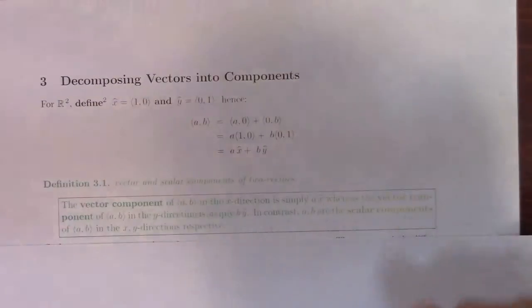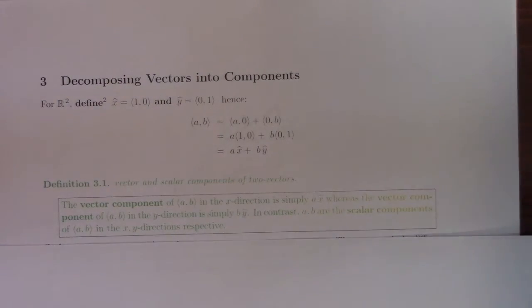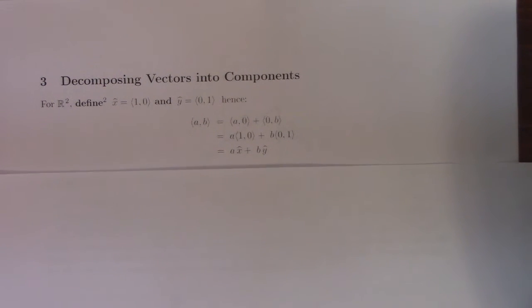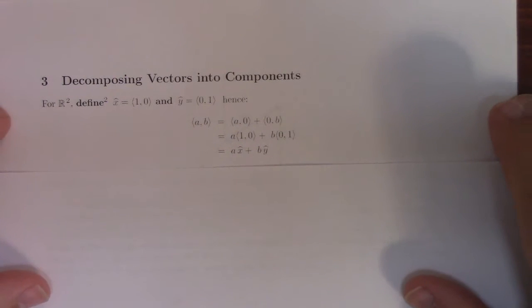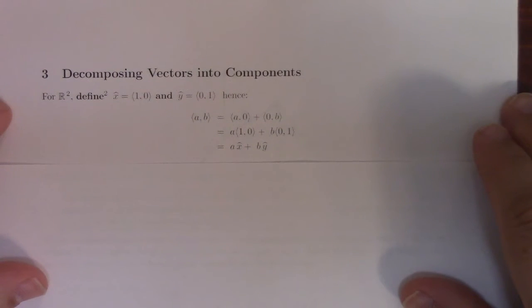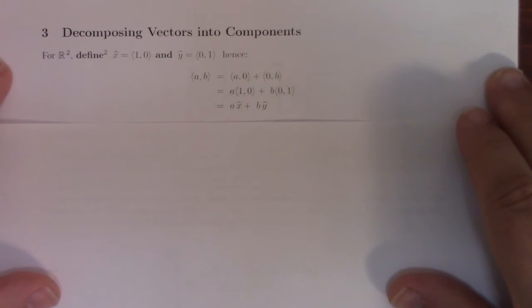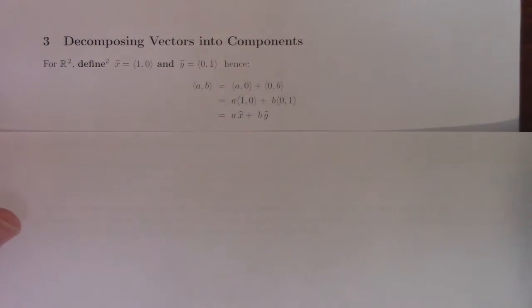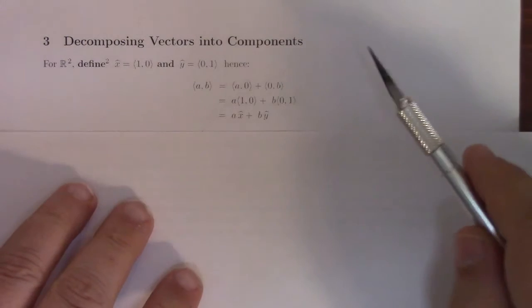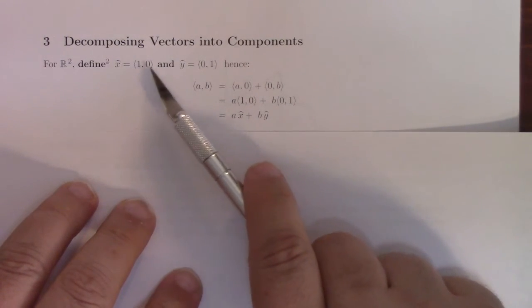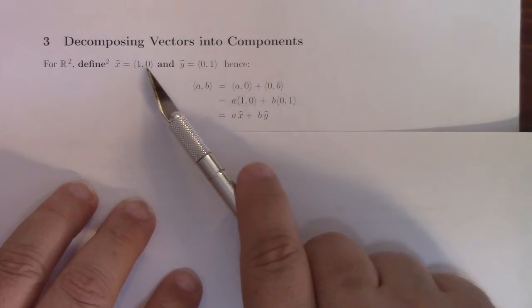Now, next up, decomposing vectors into components. Now, I've talked about this, but I think in this bit of the notes I'm taking a new perspective on it, perhaps. So if we have any vector in R2, we can break it up into a sum of the x hat vector and the y hat vector, which are 1, 0 and 0, 1.